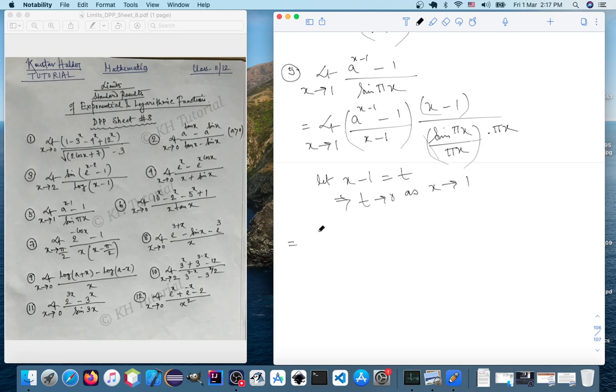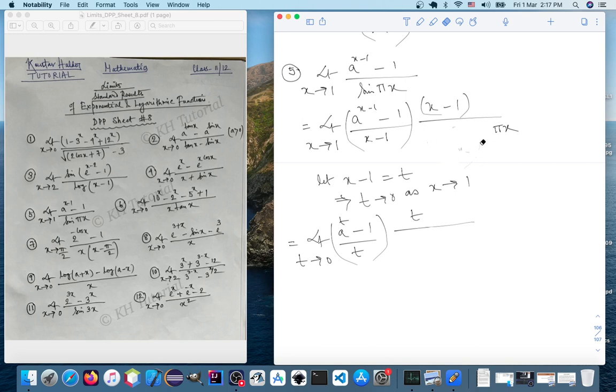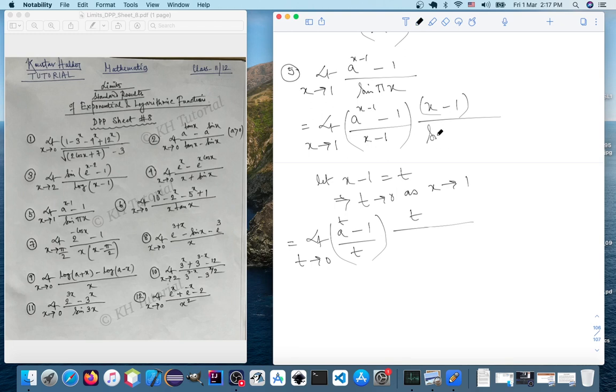So the limit becomes t tending to 0, a to the power t minus 1 over sine pi x. Let's keep it the same, pi x.